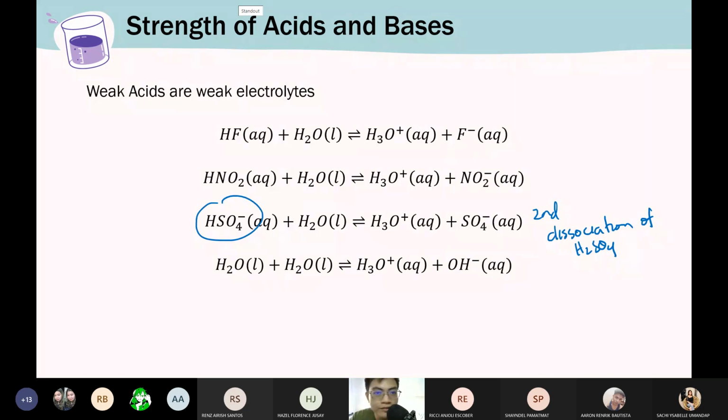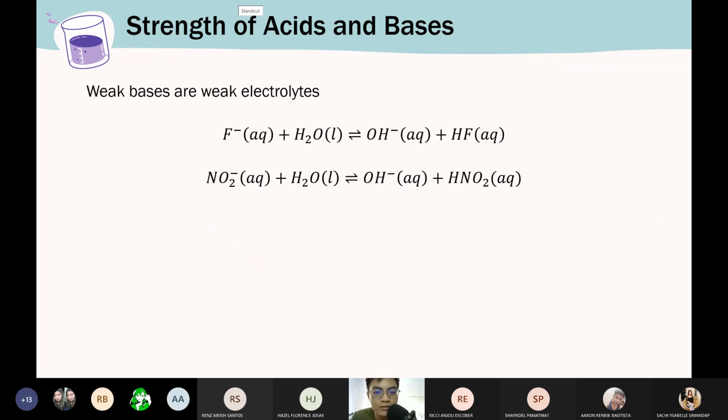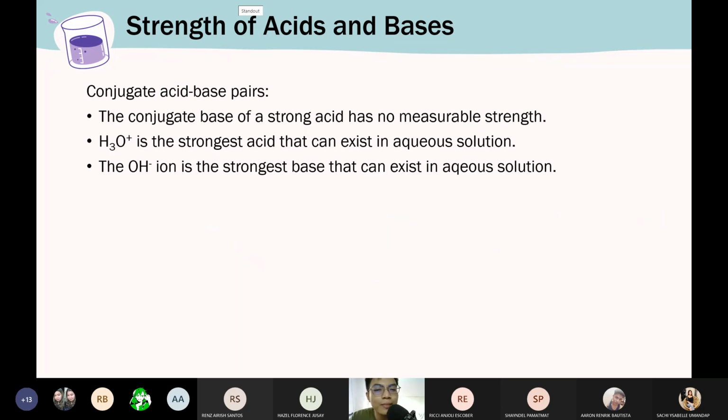You don't have to remember everything. Sometimes you just need to look at the arrow. If it is a single arrow, it is strong. If it is an equilibrium, that is weak. In the conjugate acid-base pair system, usually the H3O+ that is produced is the strongest acid that can exist in the solution.